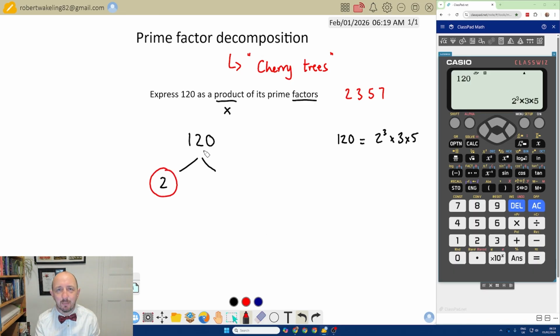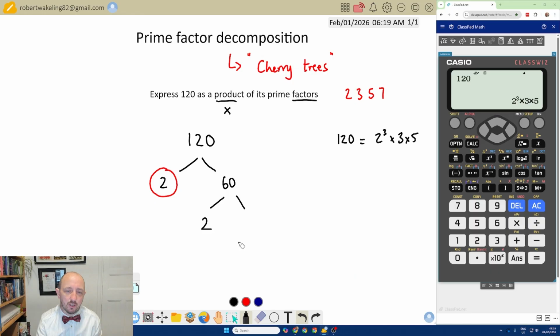It starts to look a bit like cherries, so that's where the name comes from. So 2 goes with 60, because 2 times 60 gives 120. If you're ever unsure, you can do 120 divided by 2 on your calculator or bus stop, whatever method you want to use. 60, that's even.